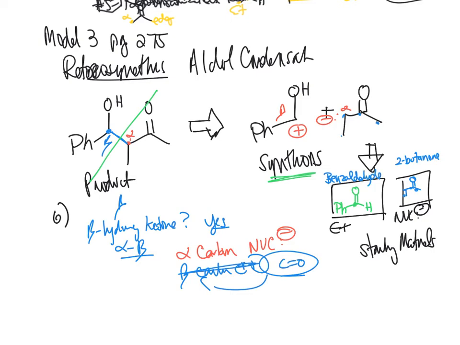So in order to make that product, you would take benzaldehyde plus butanone, 1, 2, 3, 4. And you would put that into hydroxide, and you would get this product here, with the OH.